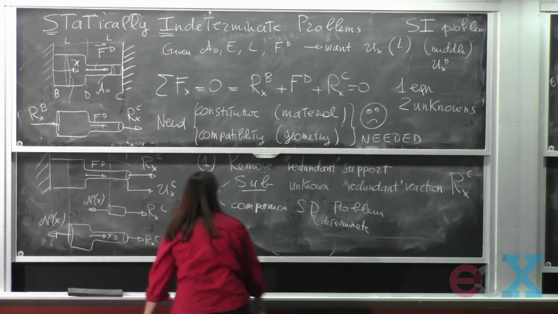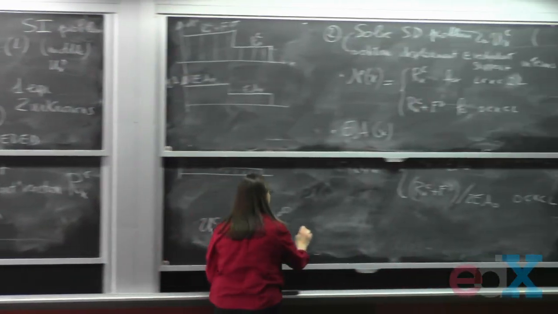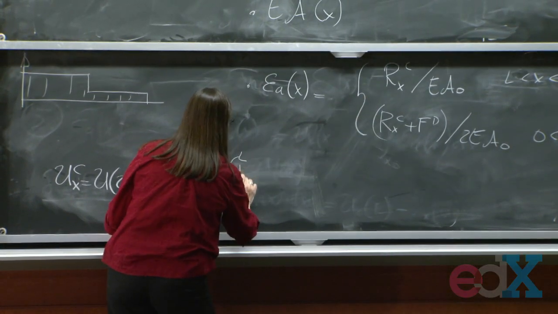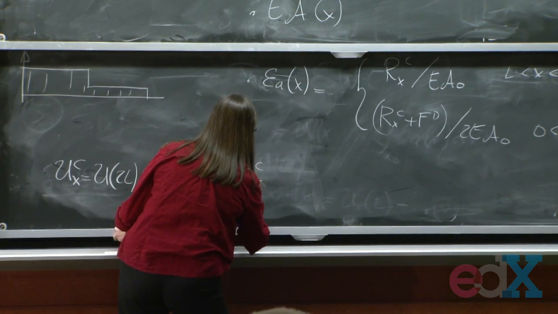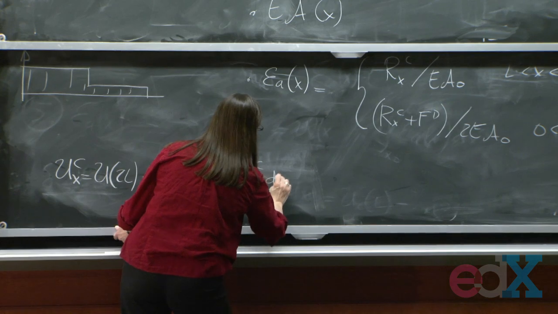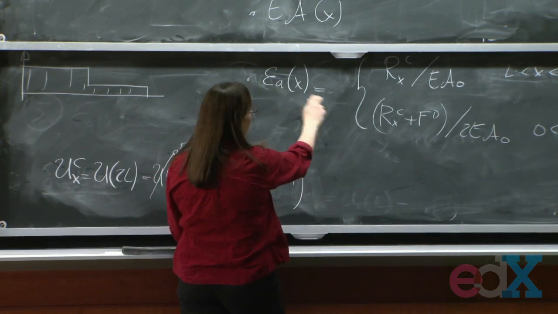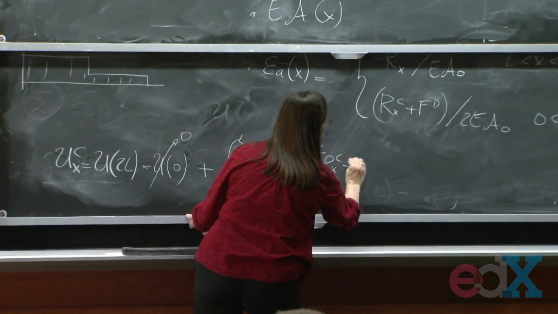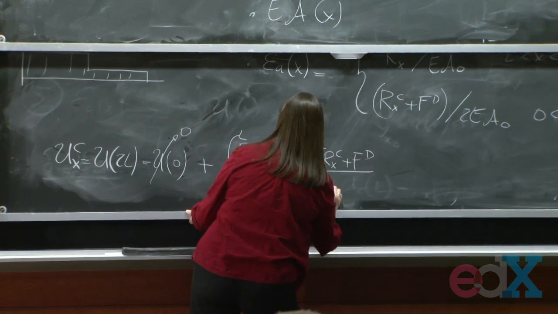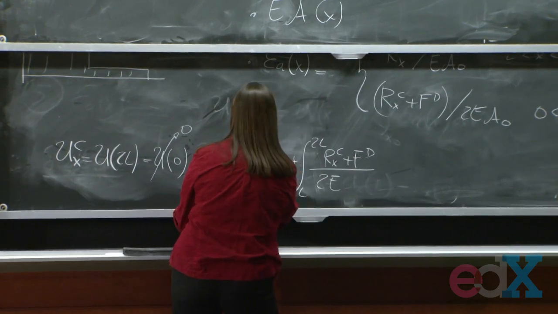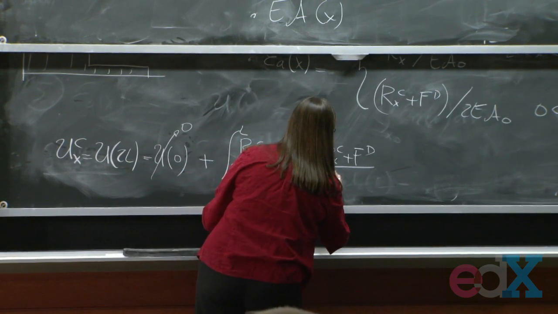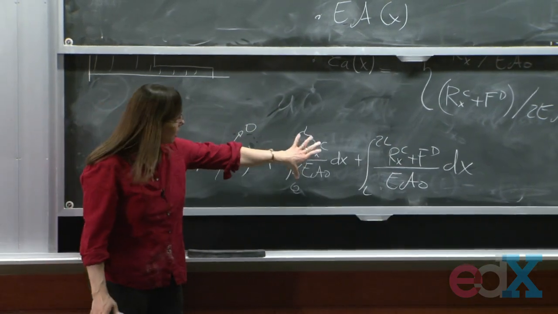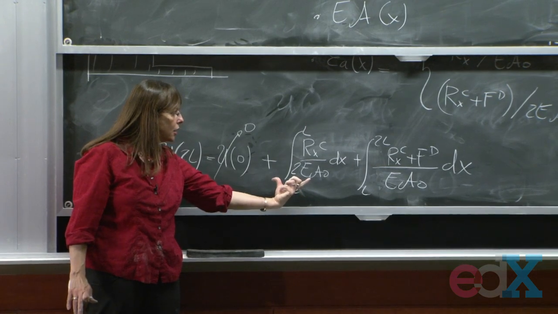U is going to be 0 at the wall plus the integral from 0 to L of RXC divided by EA0 in the x, plus the integral of this guy from L to 2L, and that is RXC plus FD divided by 2EA0 in the x. So this is how much the left side elongates.